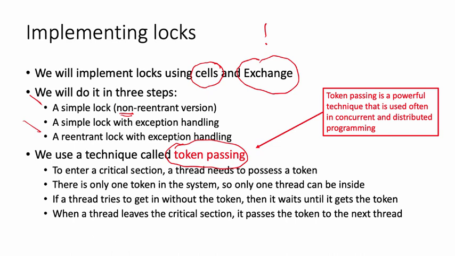In French, it's called a jeton. So you have a thing which exists only once. And that thing will guarantee that you have exclusion inside the critical section. Okay? So token passing is a very powerful technique. In fact, it's used also in real life.